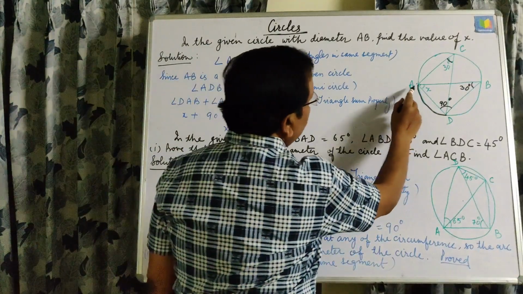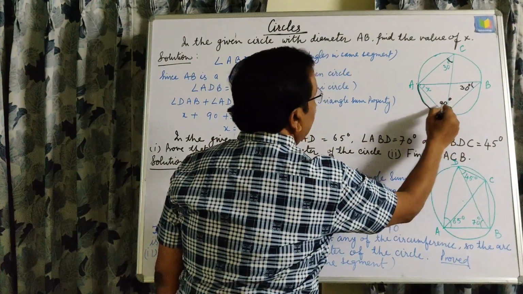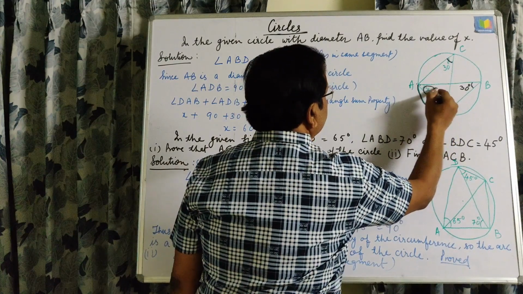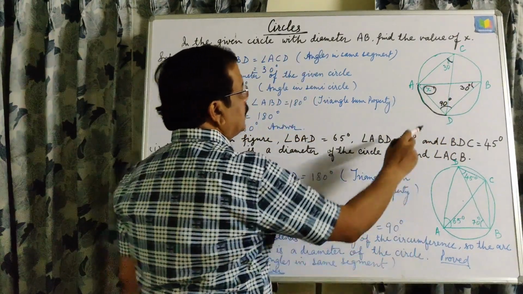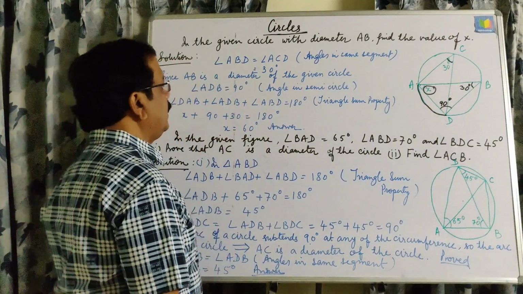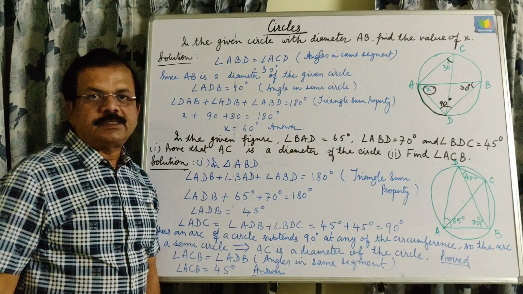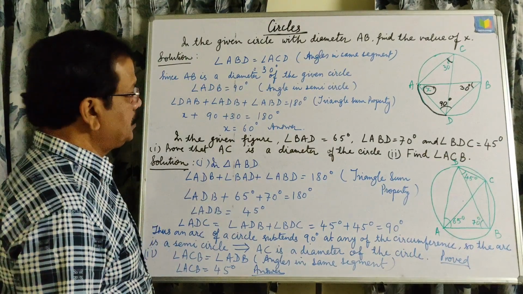And from triangle ADB, by the triangle sum property, this angle x can be found. x plus 90 plus 30 is equal to 180, and then x is equal to 60 degrees. This is the answer. Now next question.